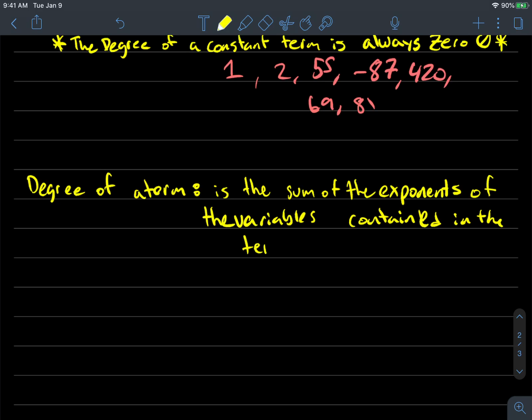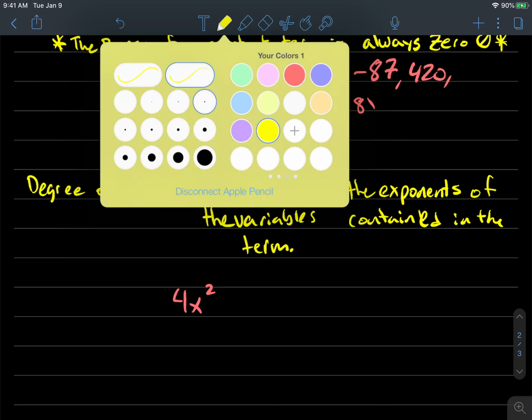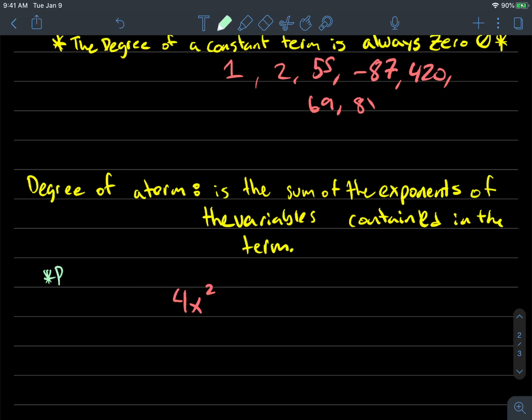I don't like that it uses the word sum, but that's what the book definition says. But in other words, let's say you have 4x squared. It's the power of the variable. So my hint would be: power of the variable.